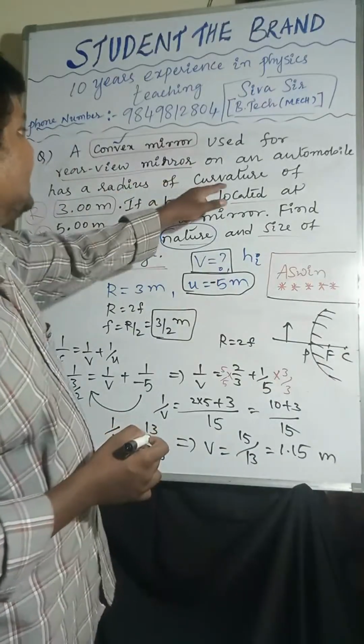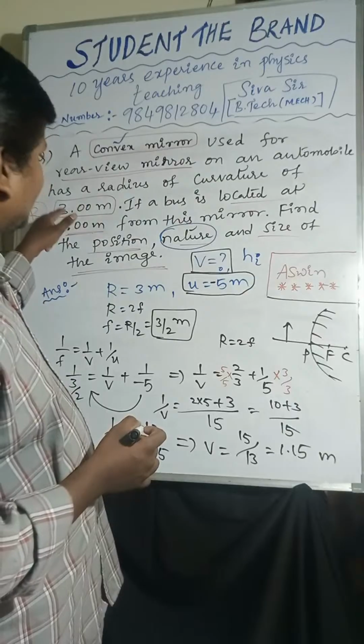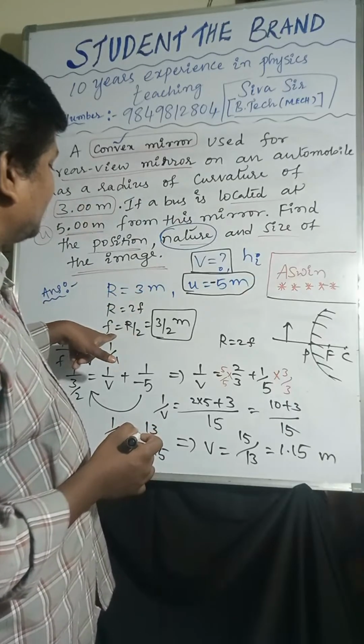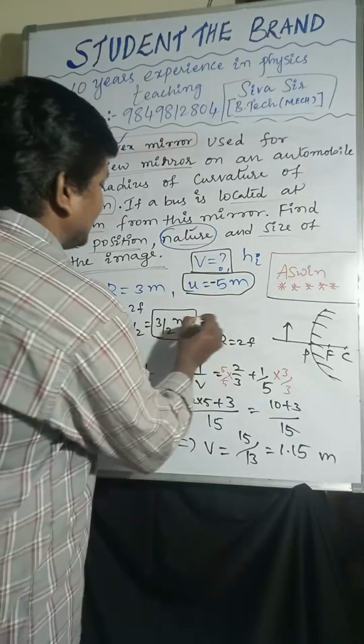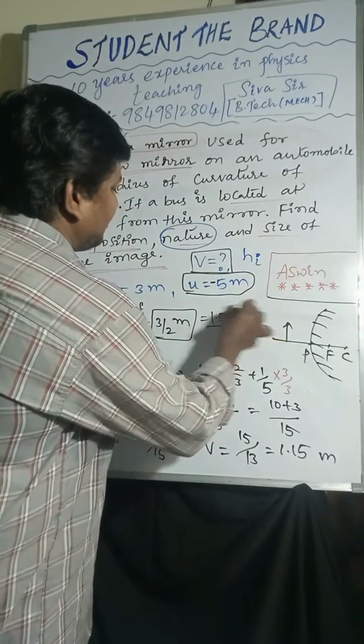See here, radius of curvature is given as 3 meters. So how much is the focal length? Focal length is 1.5 meters.